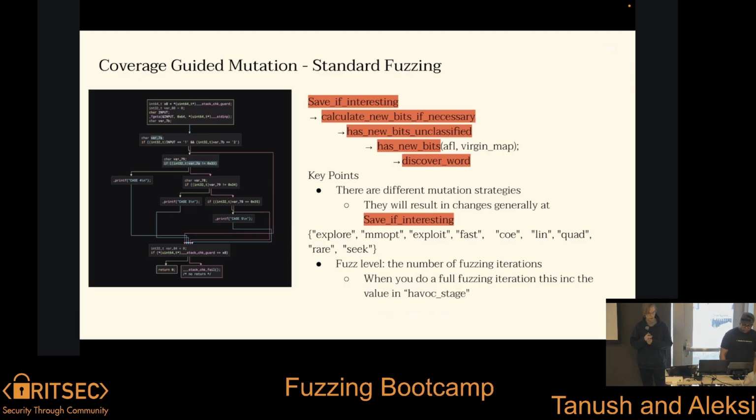And then, I'm not too sure, but I guess the havoc stage will eventually cause the fuzzer to perform many random or high energy mutations all at once in hopes of trying to find new edges.